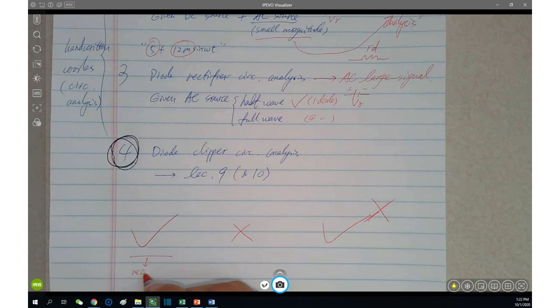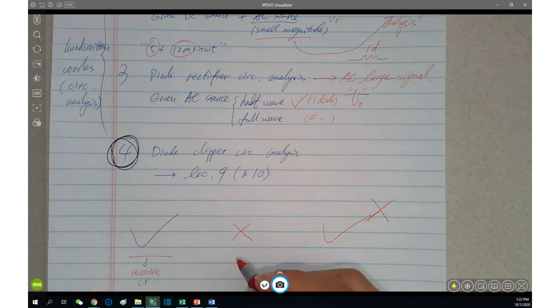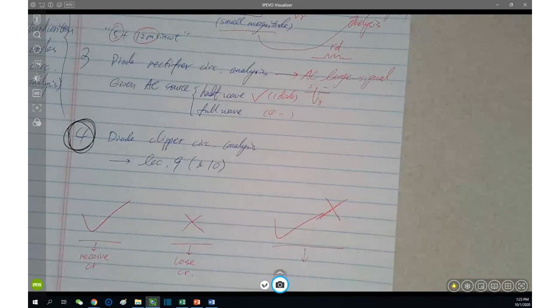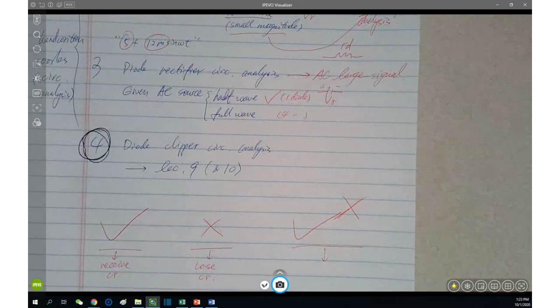This one means you're receiving credit, you're right, a point. This one means you lose a point, because it is wrong. However, I have a third mark. Yesterday, I asked the same question to another of my classes, and one of the students answered, and I really don't like it, that this means kind of right. Come on. In my exam grading, there's no kind-of concept. It's either right or wrong.